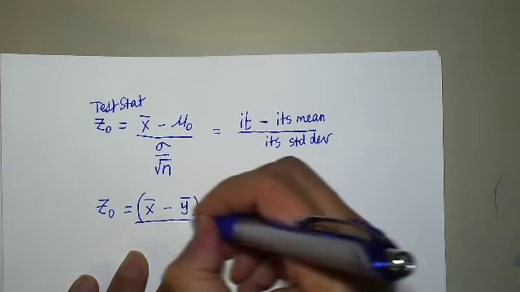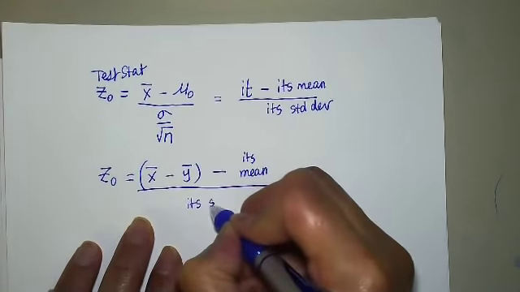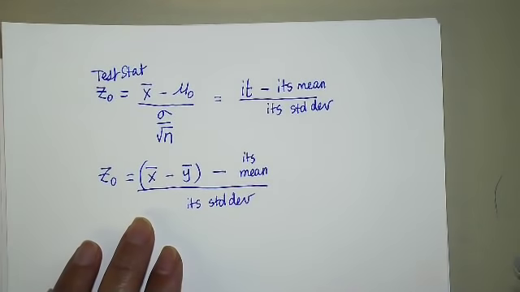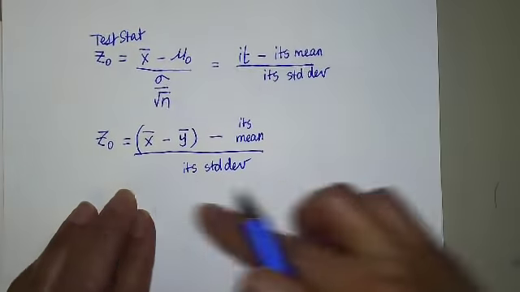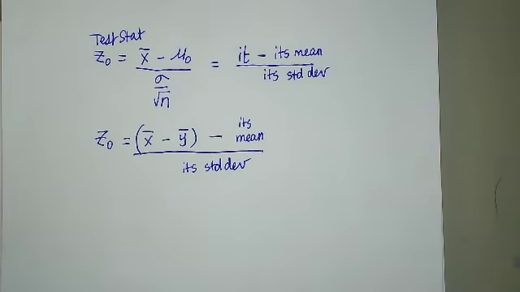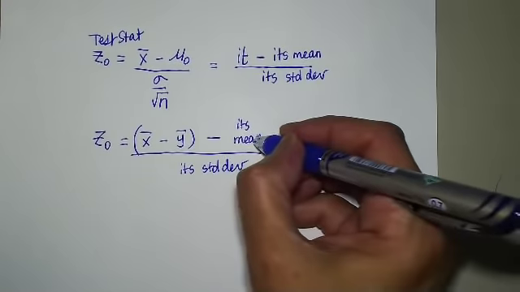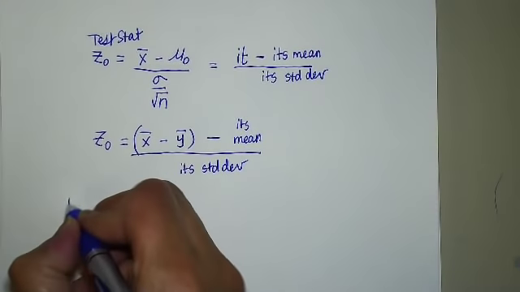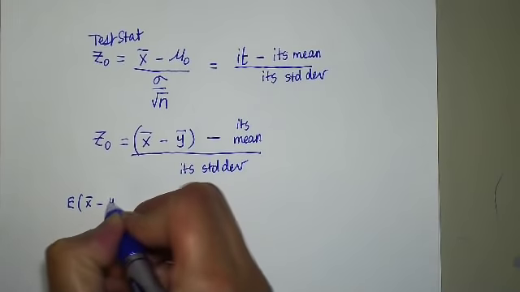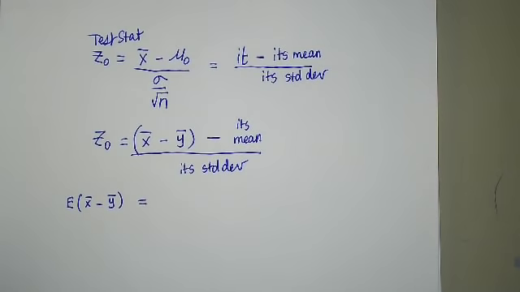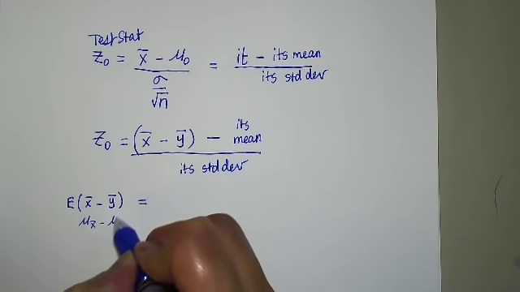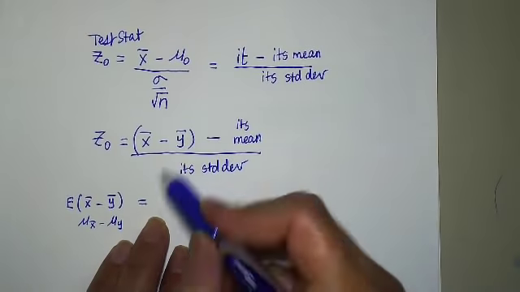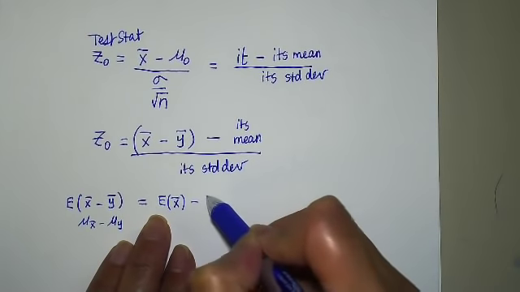So now in my case, it's not x bar that I'm trying to standardize. I'm trying to standardize x bar minus y bar. So I would have to take its mean, divided by its standard deviation. So the challenge here is going to be to find the mean and the standard deviation of x bar minus y bar, so I can stick it into this kind of a formula and deal with it.